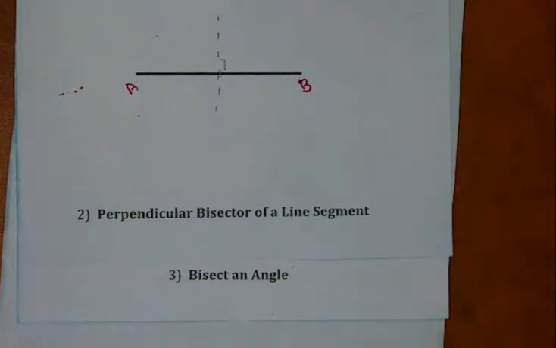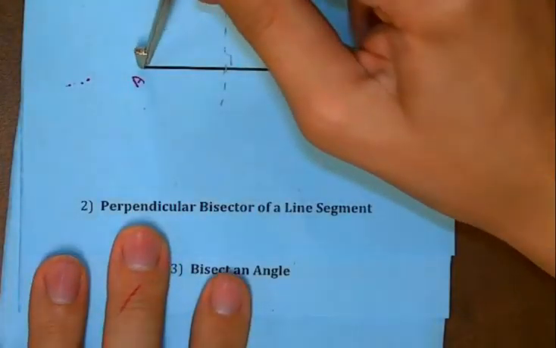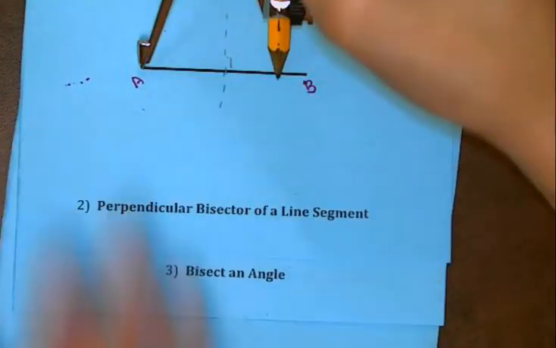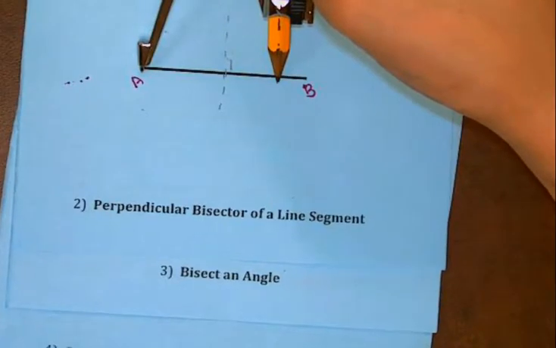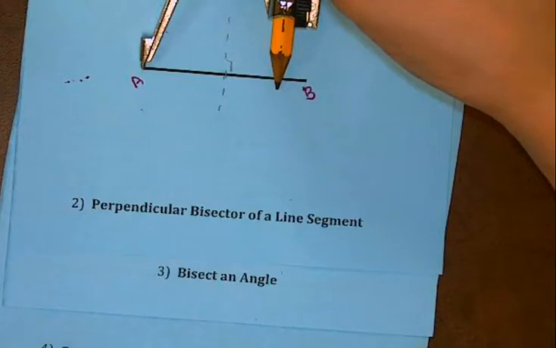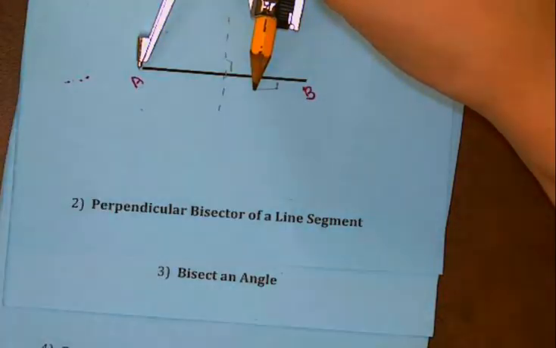Okay, after you label your A and B, put your metal tip on A. Put your pencil tip, not on B, kind of like this. It has to be past the midpoint. So, that's good. That would be good too, right? As long as it's past the middle, you're fine.